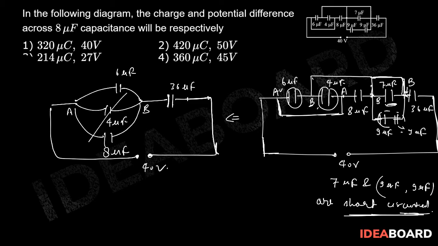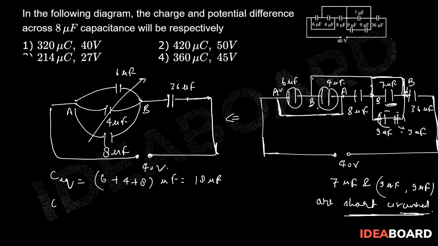Of course we can find the equivalent capacitance. So C equivalent will be, 6 plus 4 plus 8 are in parallel, so the equivalent will be 6 plus 4 plus 8, which is 18 microfarad.